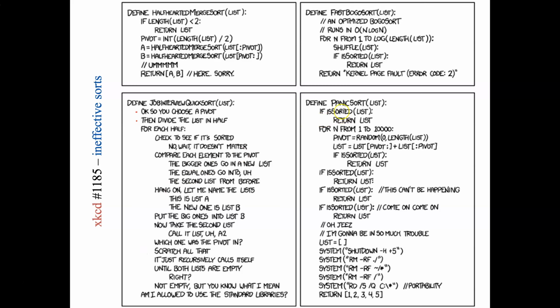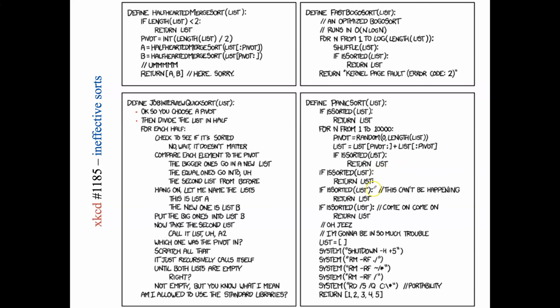But my personal favorite is the panic sort, which will check to see if a list is sorted. And if it is, it'll return it, so that's good. And then 10,000 times it will pick a random pivot and use it to break up the list based on that pivot, and then put the list exactly back together the way that it was before, and then check to see if it's magically been sorted yet.